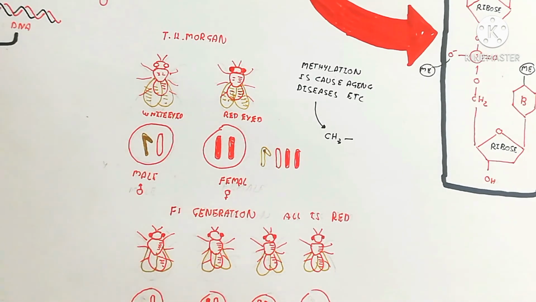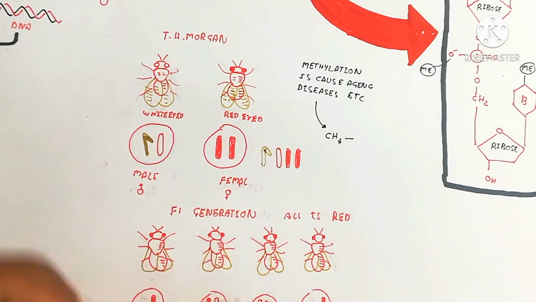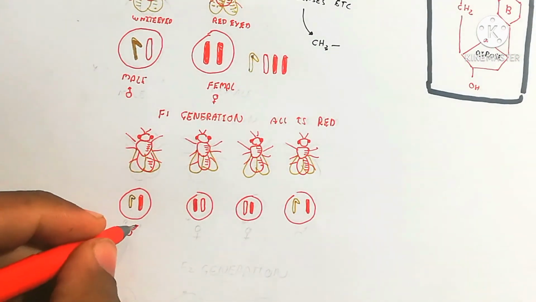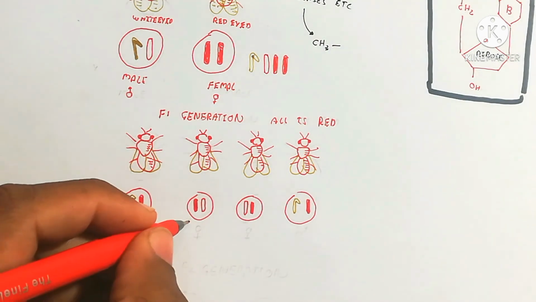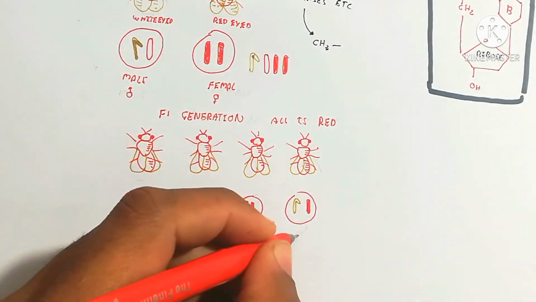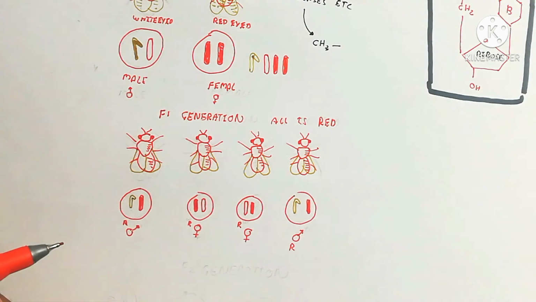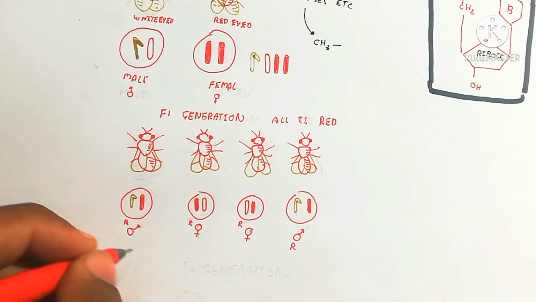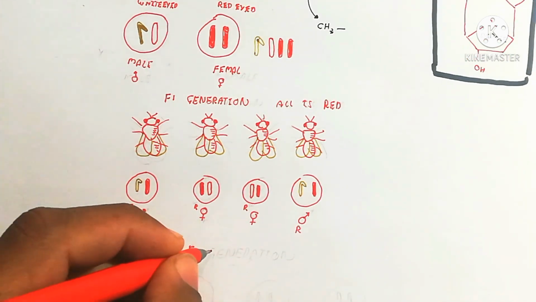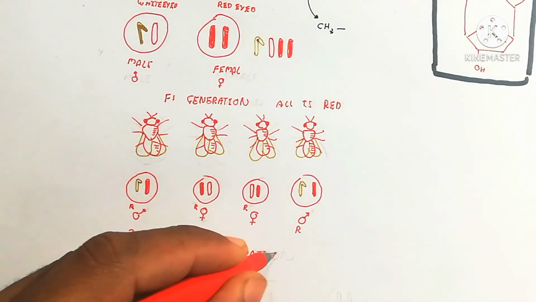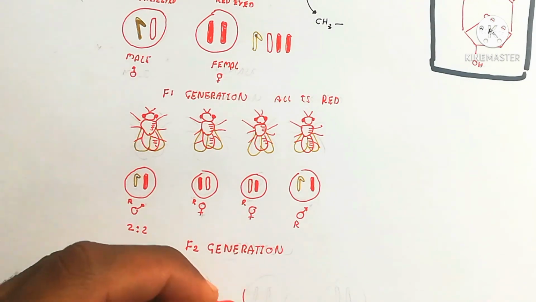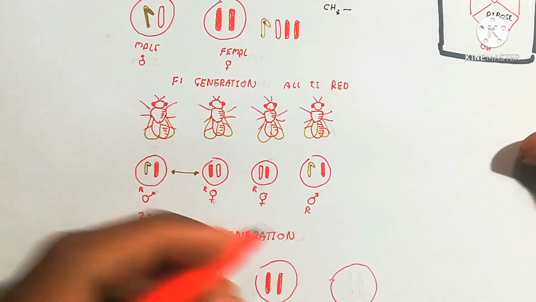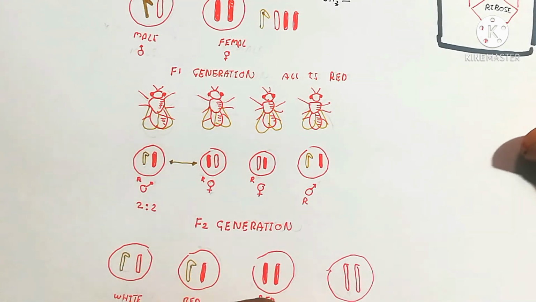So the next generation will be all red, because we understood this from the overall picture before. So here is Drosophila, which is an arthropod, and it has male and female, red and white; basically all are red, and then white will also be produced.